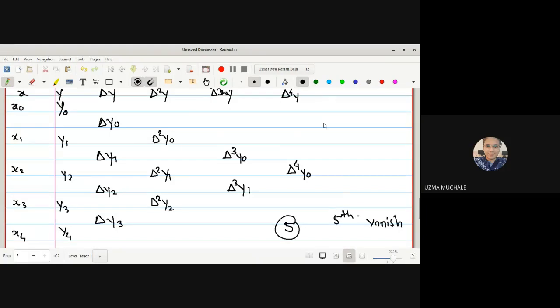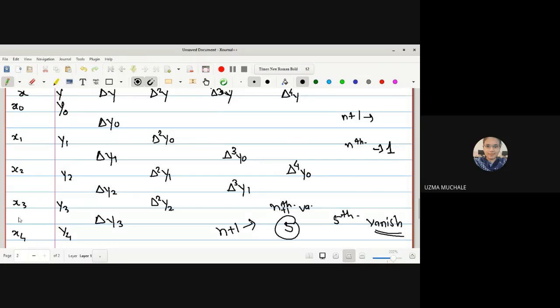Fifth order difference cannot be found here. So if we have a set of 5 values, the fifth order forward differences will vanish. In general, if we have a set of n plus 1 values, the nth order differences will exist and the n plus 1th order difference will vanish. So the nth order difference will have only one value, just like this one.